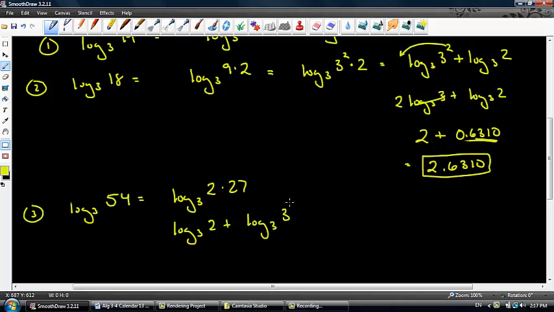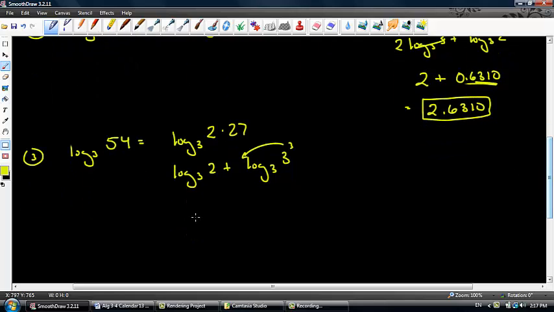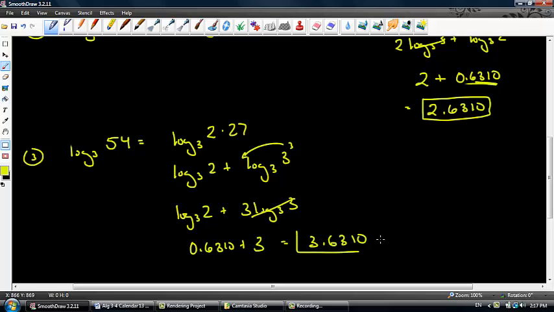Now 27 is really 3 cubed, right? And now I can back this 3 down and say log base 3 of 2 plus 3 log base 3 of 3. That's going to go away. It's 3 plus 0.6310, which is 3.6310.